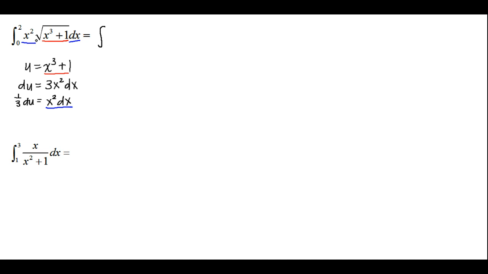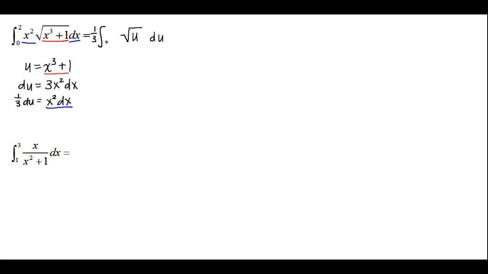So x squared dx is going to be 1/3 du. So let's go ahead and bring the 1/3 to the front, and then we will leave the du in the back. And then let's replace the square root of x cubed plus 1 with the square root of just u. So this is now the square root of u du.